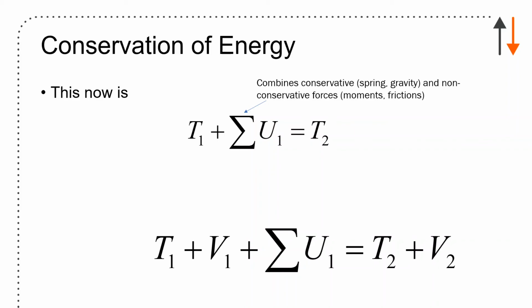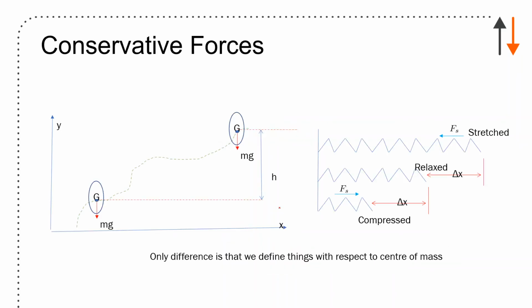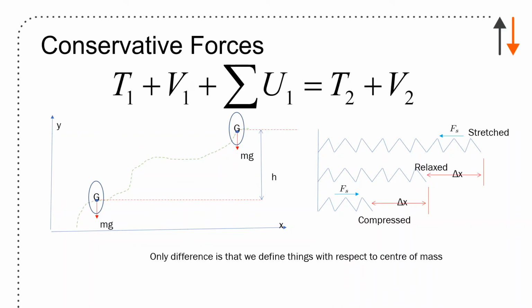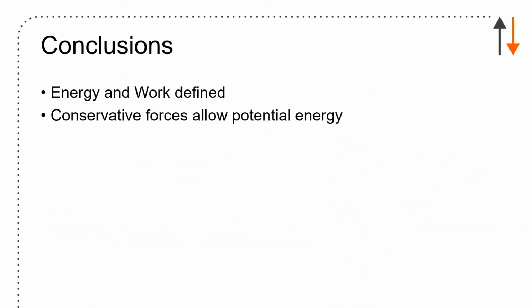Here I'm going to deal with conservative forces, and here I'll deal with the non-conservative forces. Conservative forces are always going to be, in this course, spring, elastic, or gravitational. So we can deal with those there.